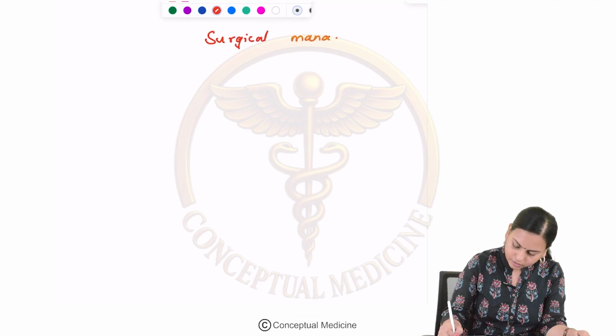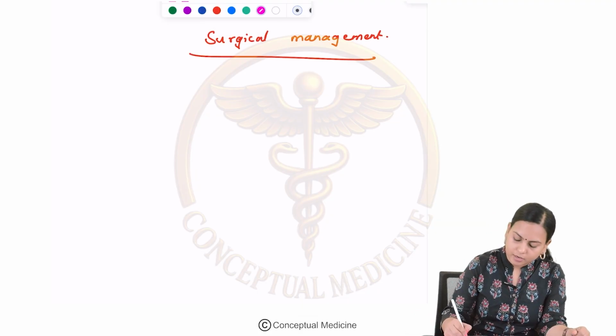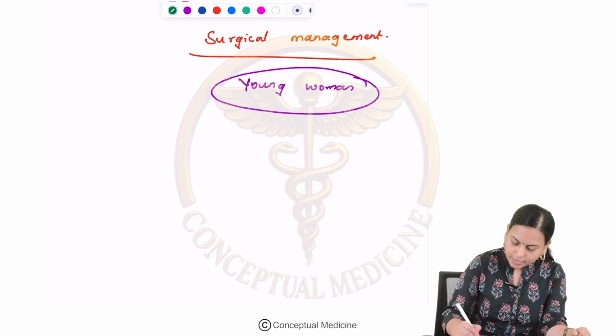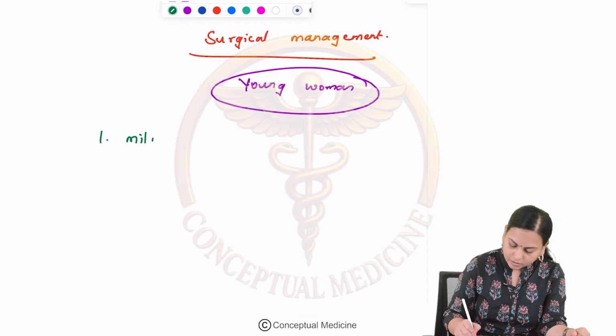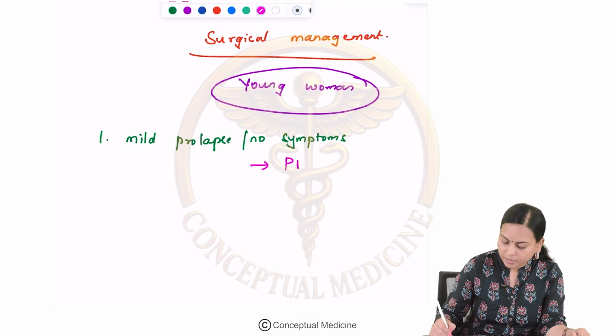Surgical management of prolapse depends upon her age. For example, in a young woman with prolapse, if she has only mild prolapse and no symptoms, we would offer her pelvic floor exercise.